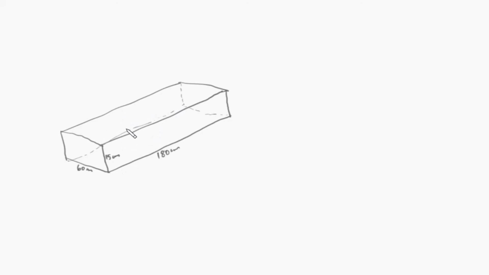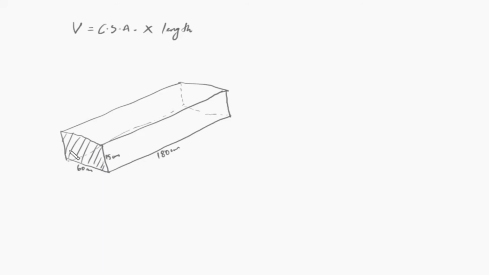It's a solid. The volume of this is going to be, you remember, volume is equal to cross-sectional area times length. Now, the cross-sectional area in this case is going to be this rectangle here, the end section.